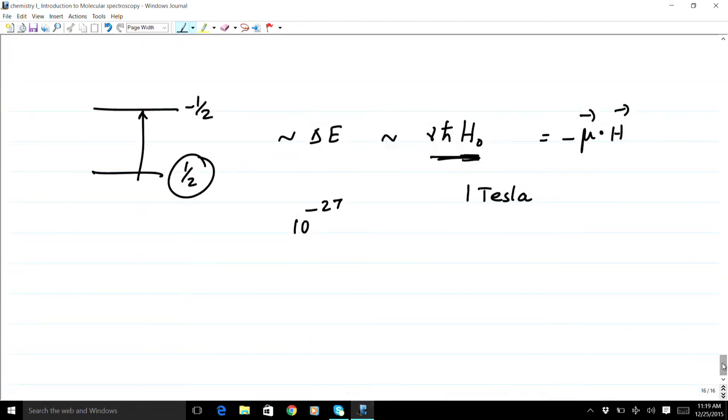This is hertz per Tesla, h is that. So, the energy is of the order of that 10 to the minus 27 joules, and this obviously corresponds to a frequency. The energy is h nu, the frequency nu, and this is 10 to the minus 34. So, you see nu is of the order of 10 to the 7 hertz. Okay.